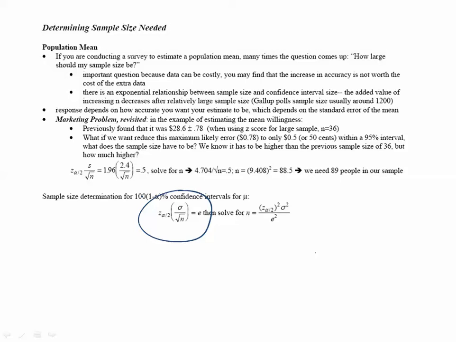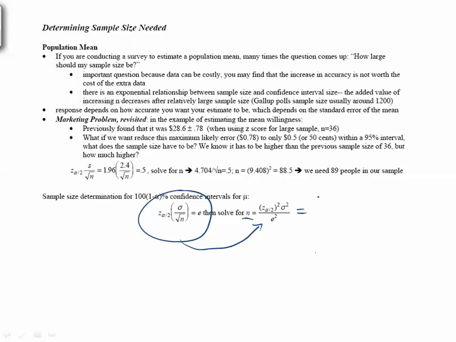Well, we can calculate that by putting it into our equation, and we can see that this equation for our error term can be manipulated algebraically such that our sample size, n, is equal to our z-score times the standard deviation, squared, divided by our error squared.